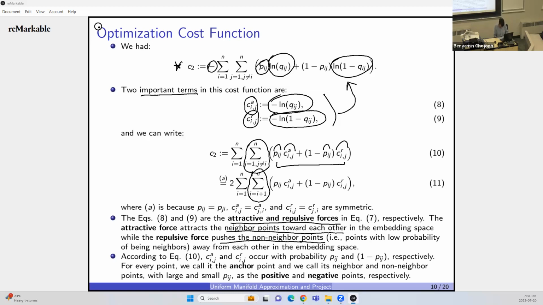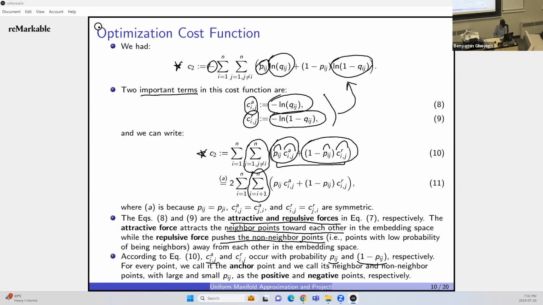According to equation 10, Cija occurs with probability Pij. Do you agree? Also, Cijr, the repulsive force, occurs with probability 1 minus Pij.